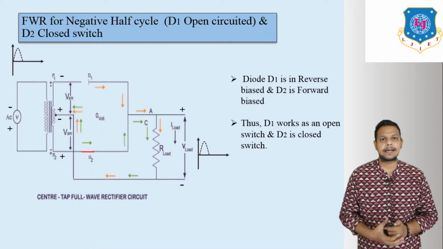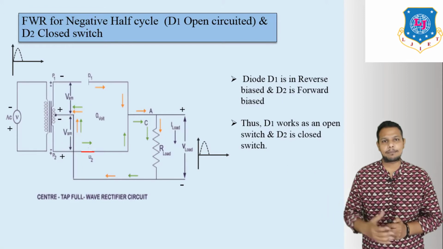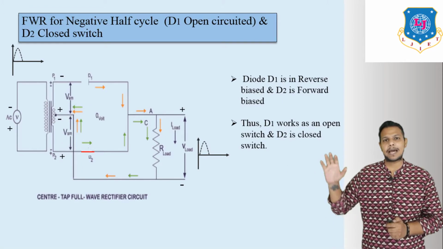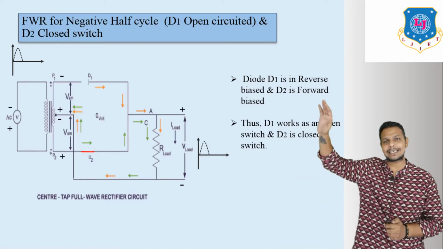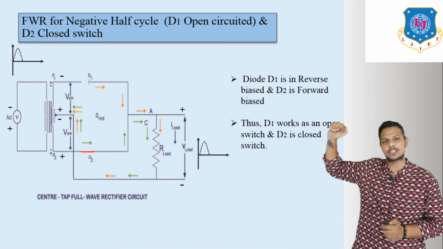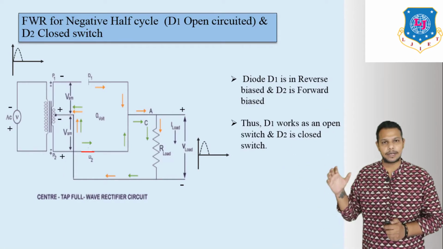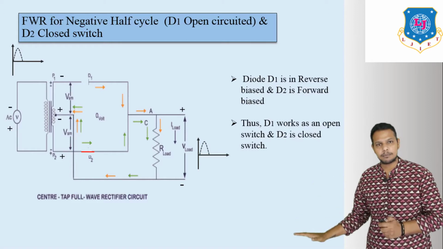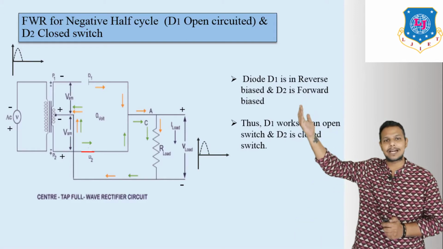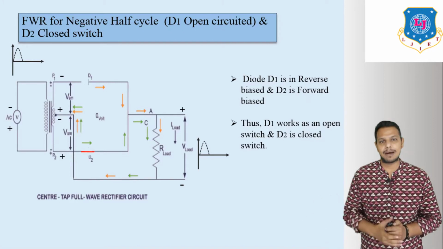Now let us discuss the negative half cycle. If we apply negative half cycle at the input side, then what happens? The polarity is changed. Below is plus and above is minus. So current always flows from plus to minus. If current flows from below to above, that means diode D2 works in forward bias.